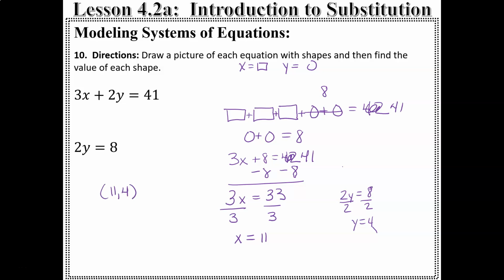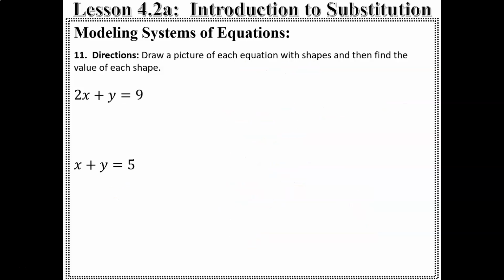All right, number 11. So this is the last one we're going to draw. Oh no, we're going to draw a couple more. So let's leave x as the square and y as the circle. So I have 2 x's, x square plus circle equals 9.